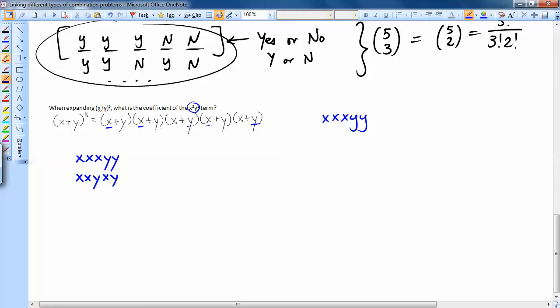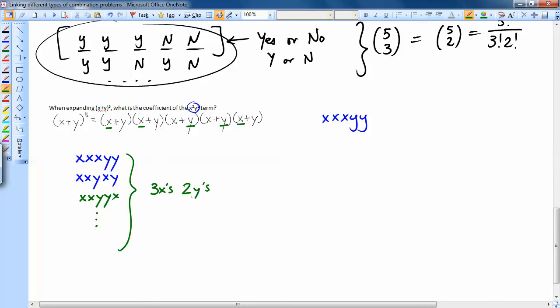Well, maybe I want to pick this x, this x, this y, and this x. So if I do that, now I've got x, x, y, y, x, which is another x cubed y squared term. If I keep doing this, you can start to see that I'm really just coming up with as many words as I can that have 3 x's and 2 y's.